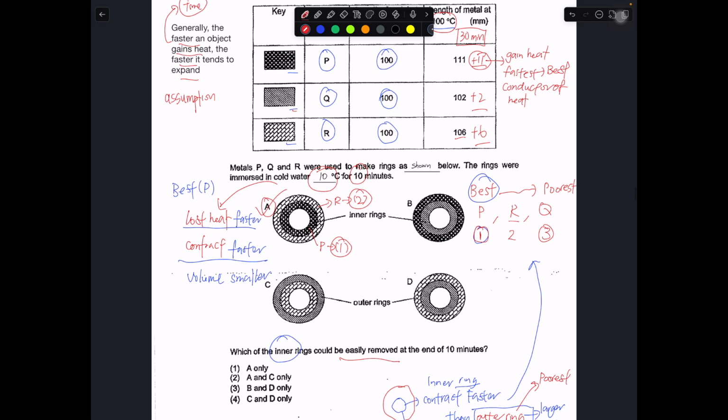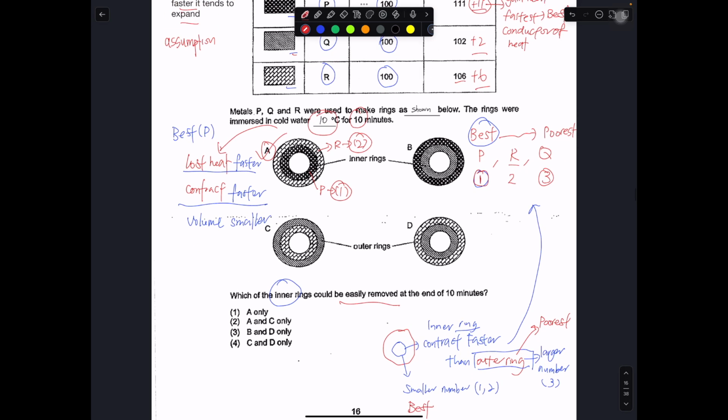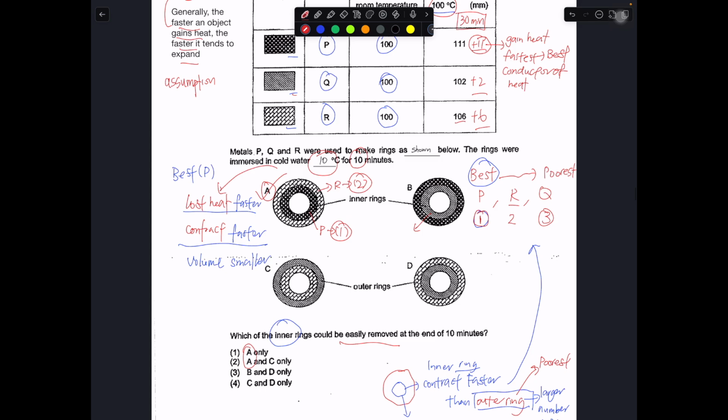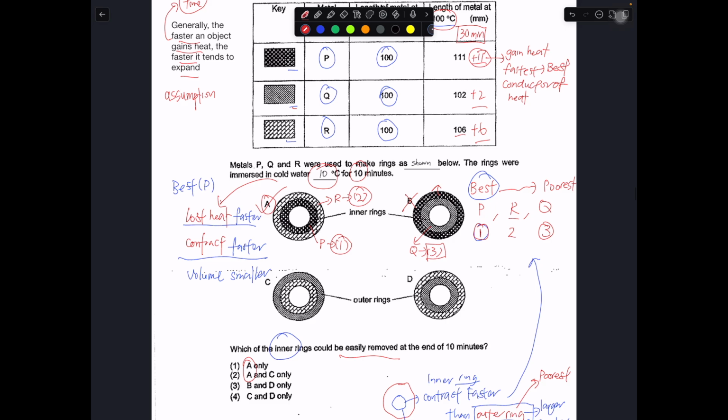Then you take a look at B. So A is possible, so from here you know that the answer can only be 1 or 2, because A must be included. For B, Q is 3. At this stage you already know it is impossible, because the inner ring is the largest number, which would make the outer ring a smaller number, since only 1, 2, 3 are assigned.